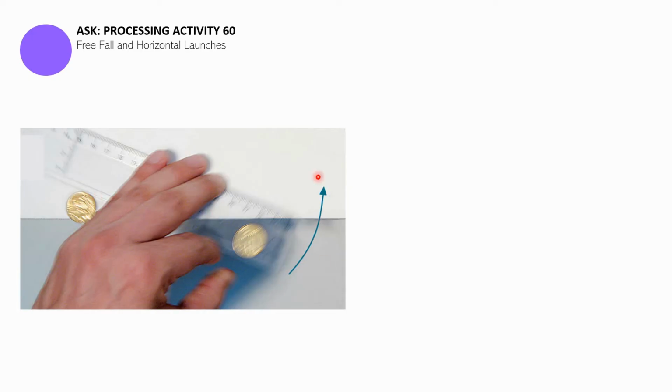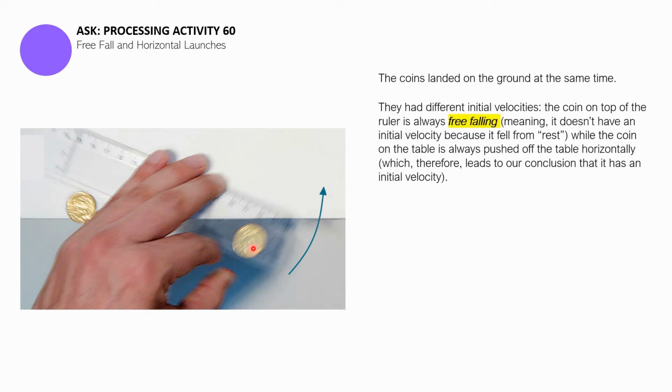So when you flick the foot rule, nahulog lang to, nag-drop lang siya, and then ito naman na-launch siya horizontally. Remember, horizontally is pahalang, so it is along the table's flat surface. Na-launch siya pa horizontal. Ito naman, nag-drop lang siya. And you also observe that they both landed at the same time, right?